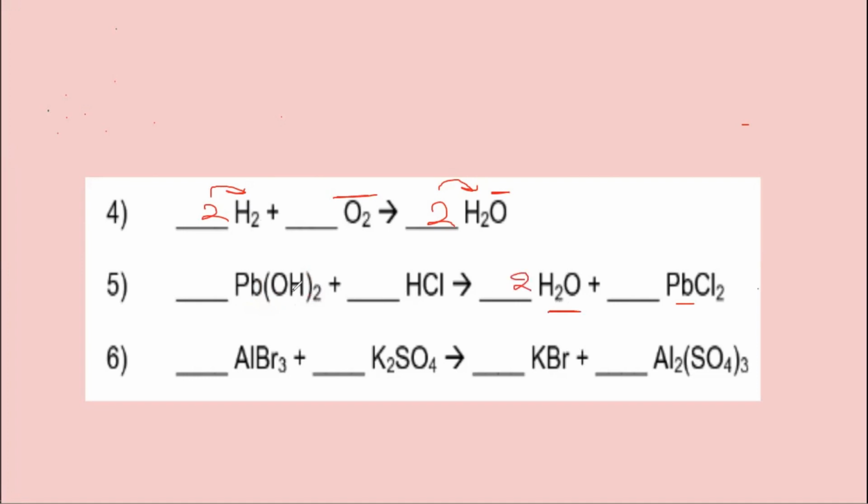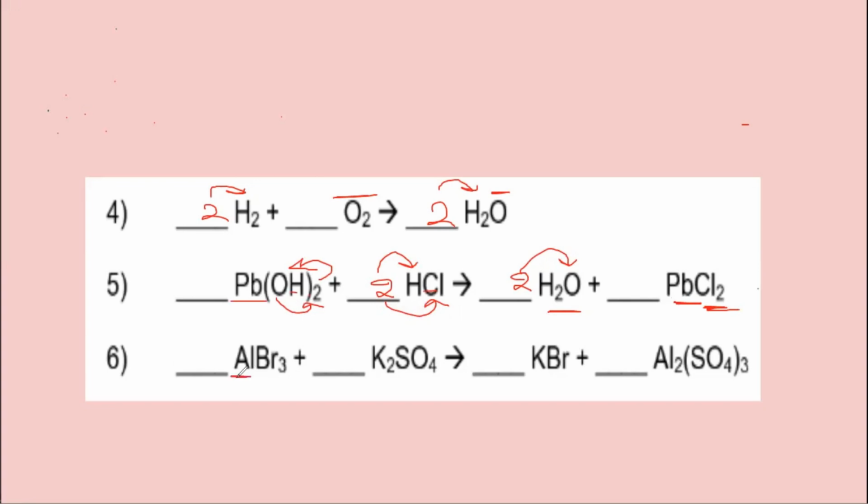All right, hydrogen is 2, there is only 1 hydrogen, make this hydrogen 2. Now count again, 1 lead, 1 lead, 2 oxygen, 2 oxygen, 2 hydrogen, 2 hydrogen, 2 Cl, Cl2. The equation is balanced.